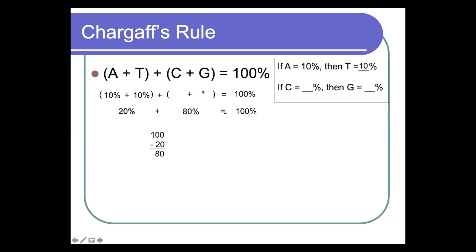And they have to be the same number. How are we going to do that? Easy, guys, divide by 2. 80 divided by 2 is 40. 40% is C, 40% is G. Let's move those numbers in there. Cool. How hard was that? Really, really simple stuff, guys. And if that still confuses you, rewind.